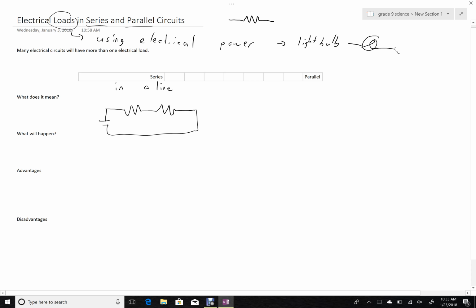It's one path, and all of the current goes through that one path. In parallel, that means beside each other, or that means multiple paths.